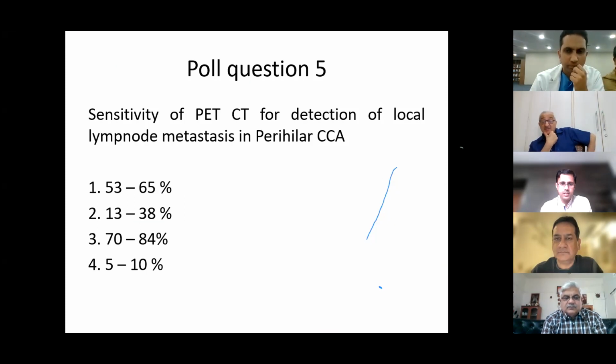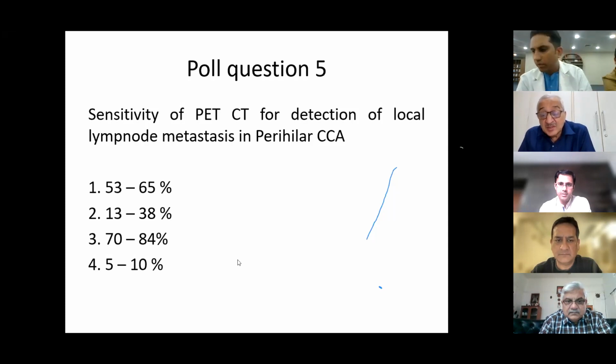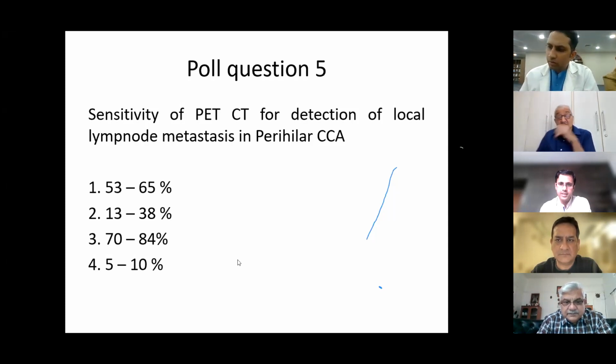Let's see our poll. So majority are going for option 1, but PET is not a good modality to see the localized lymph node. That is for the information only.